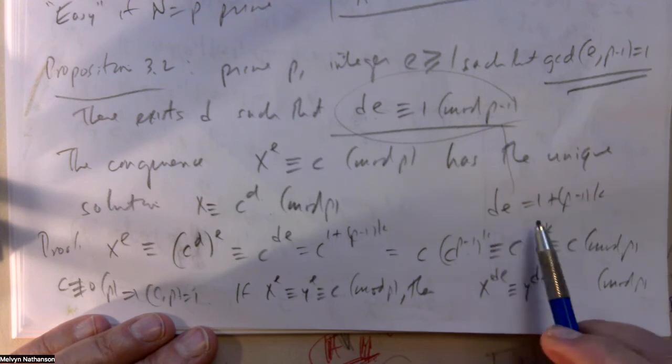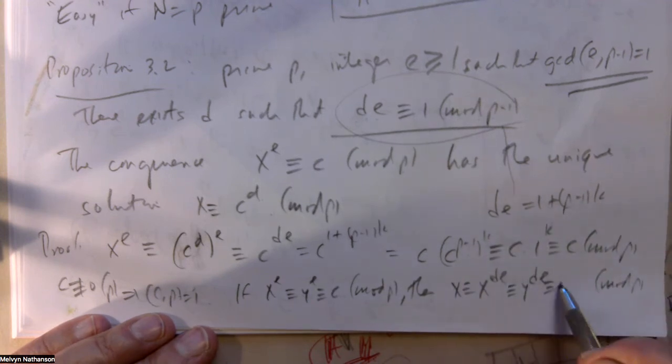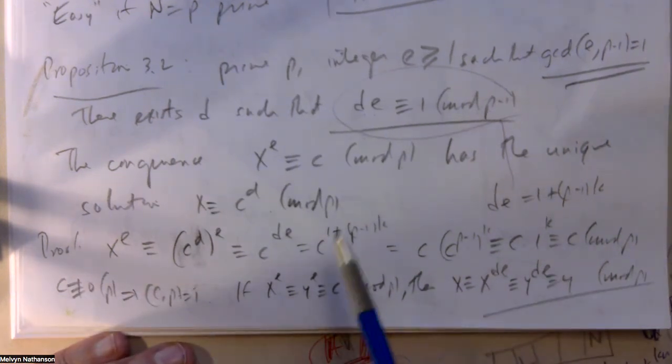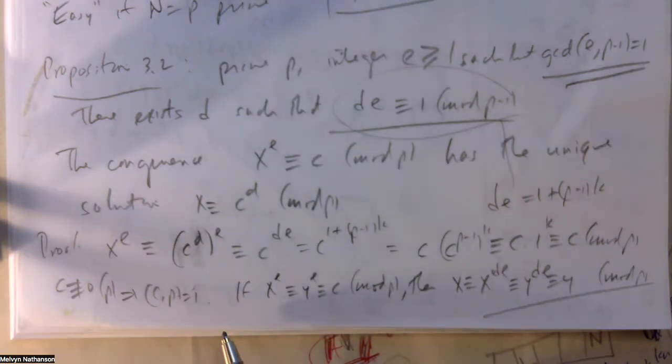But if de is 1 plus p minus 1 times k, this is x and this is y, again by Fermat's little theorem. So taking roots mod a prime is easy. There's a simple way to do it. The difficulty comes up when we have a product of 2 primes.